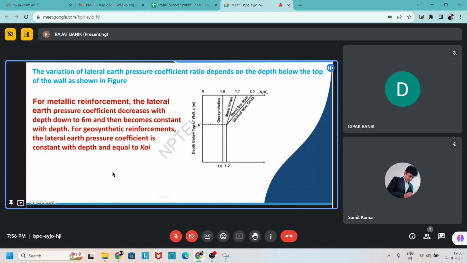For metallic reinforcement, the lateral earth pressure coefficient decreases with depth down to 6 meters and then increases with depth. For geosynthetic reinforcement, the coefficient is constant with depth and equal to Ki. So these are a few points which describe the variation of the lateral earth pressure coefficient with depth.